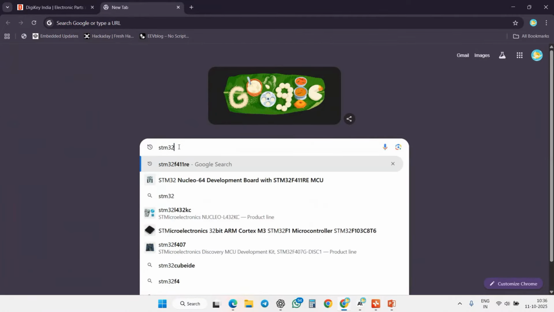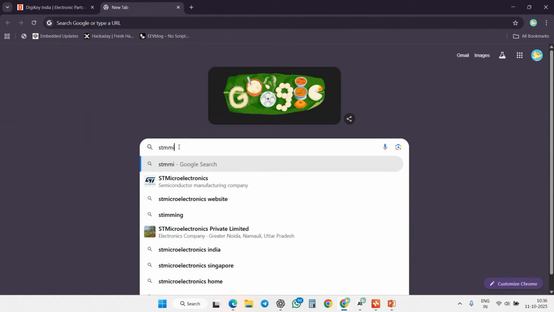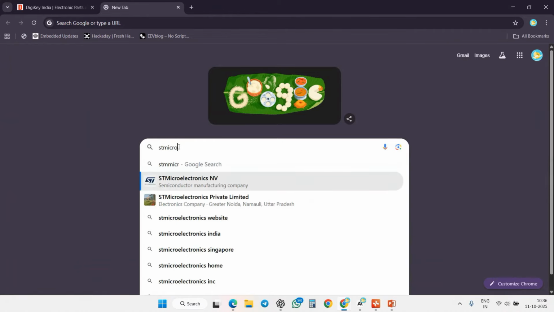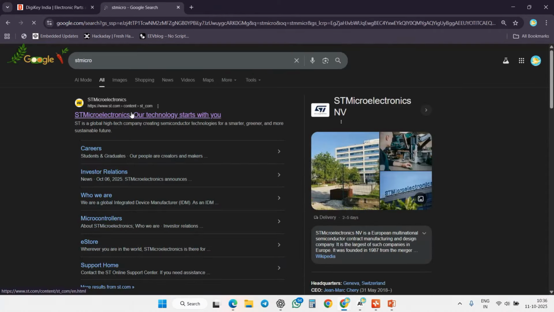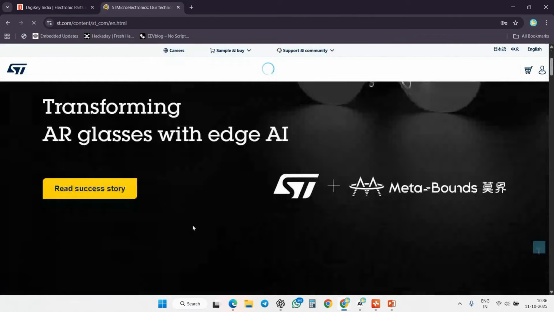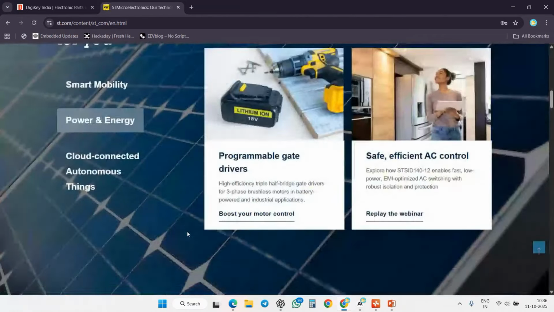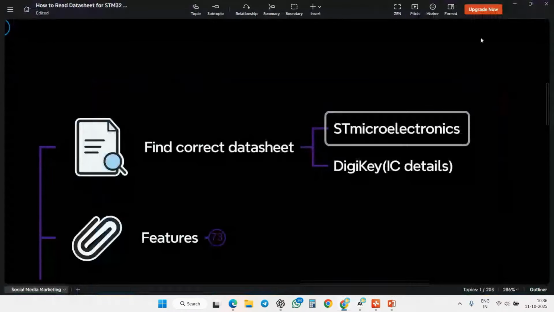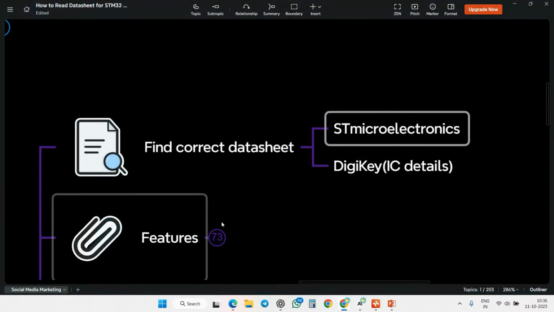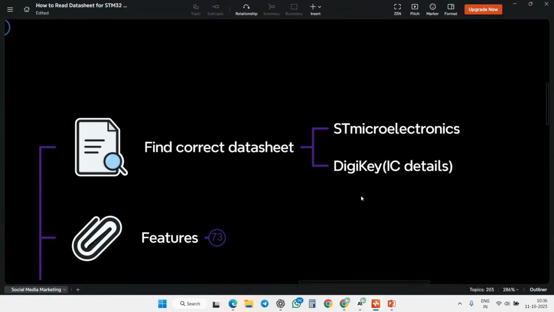For example, ST Microelectronics manufactured the STM32 board, so I can go directly to their website and get all the data there too. So through two ways you can get the data sheet. I hope you are clear on this point.